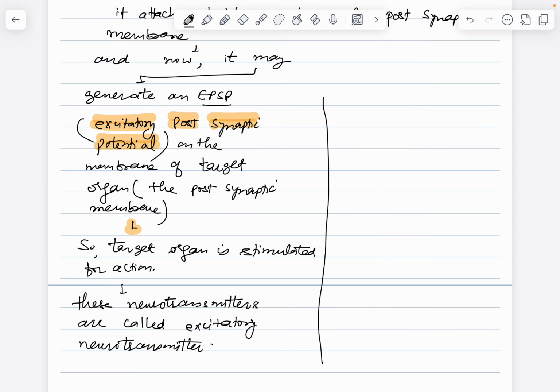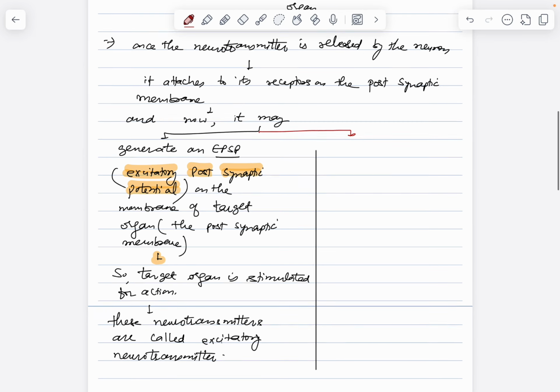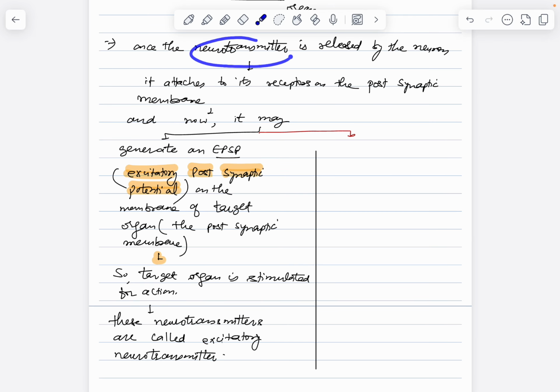That is option number one, which a neurotransmitter has. And this option is going to work when the neurotransmitter attaches to receptors, and those receptors open up the sodium ion channels, raising the potential of the sarcolemma above minus 70 millivolt.